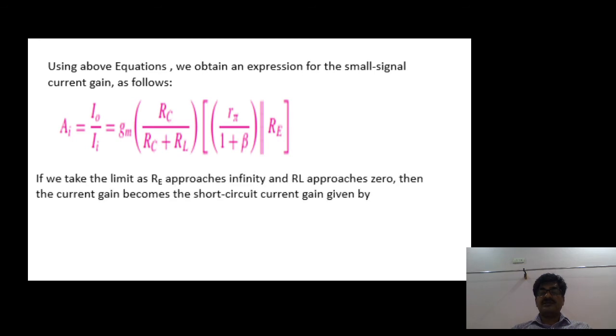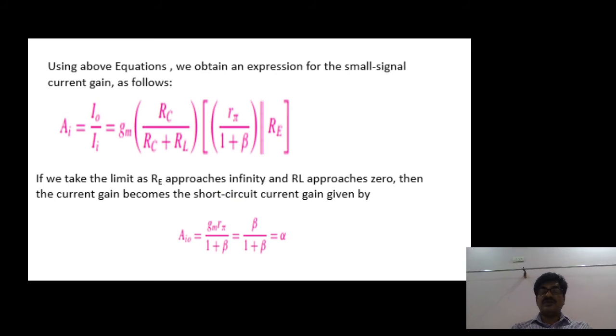In the same equation, let us take the limitations with reference to Re and RL. Generally Re approaches infinity and RL approaches 0, then it is almost equal to the alpha value.